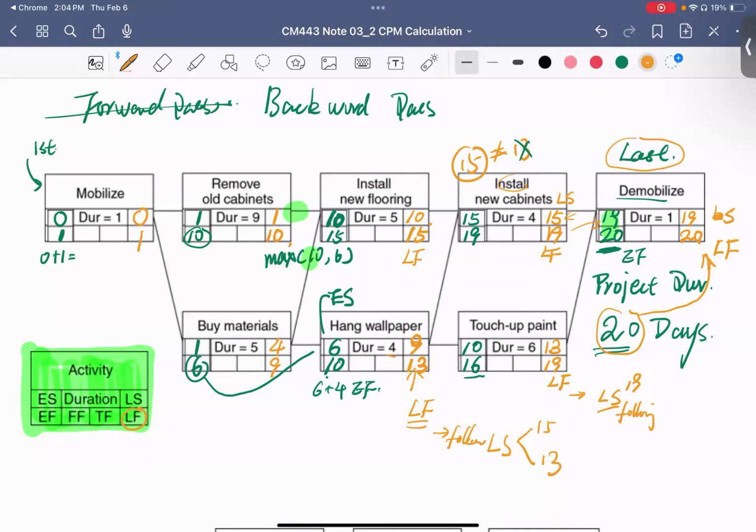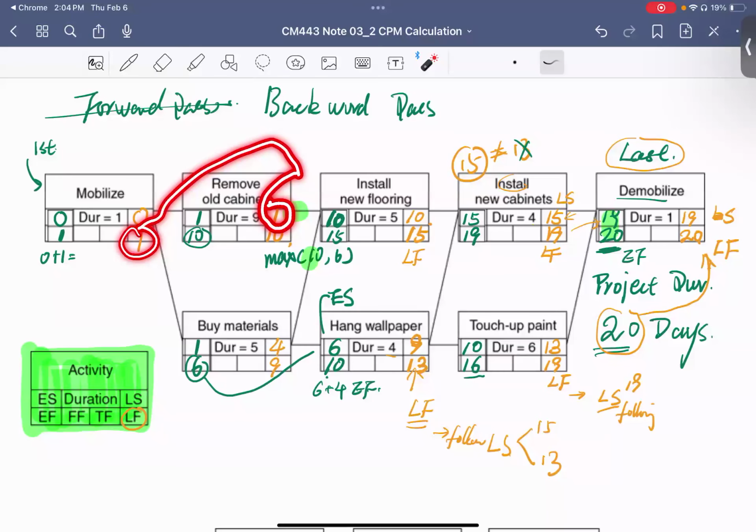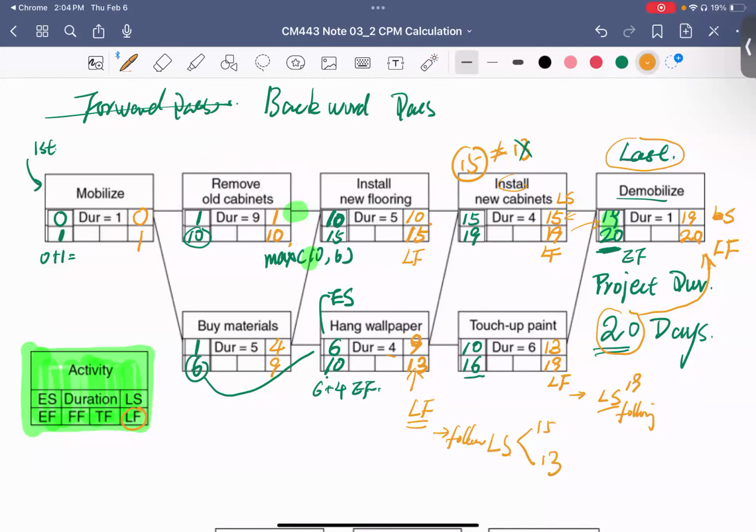Can you tell me where the 1 comes from? It's coming from the left side, right here. We're saying mobilize, and that's your lowest. So we come from here, right? Yeah. Okay, that's great. Any questions for this backward pass?